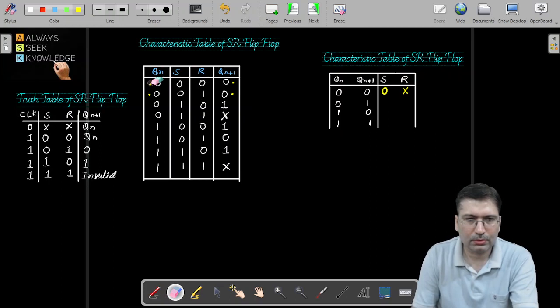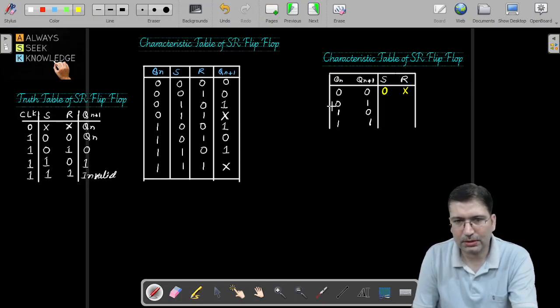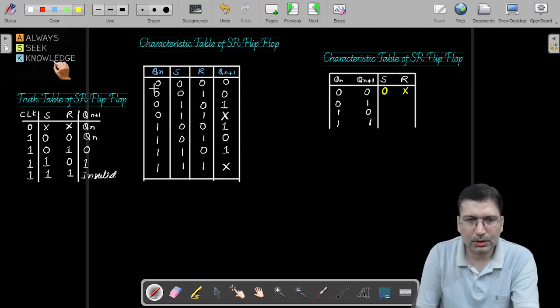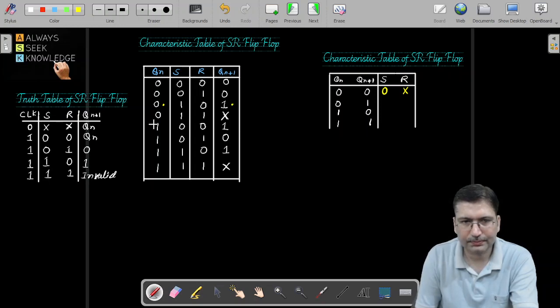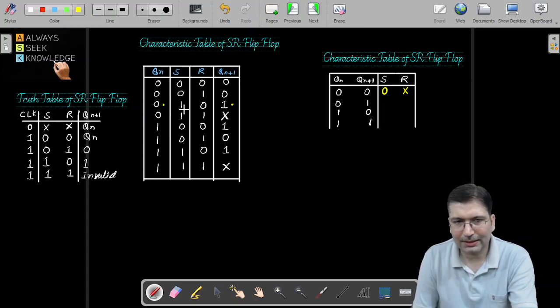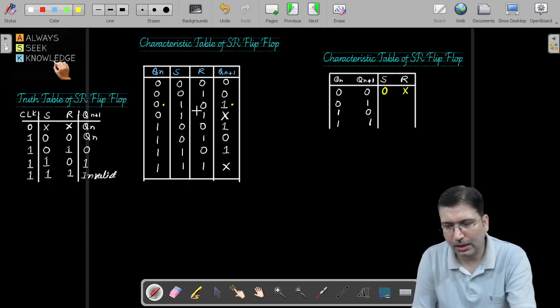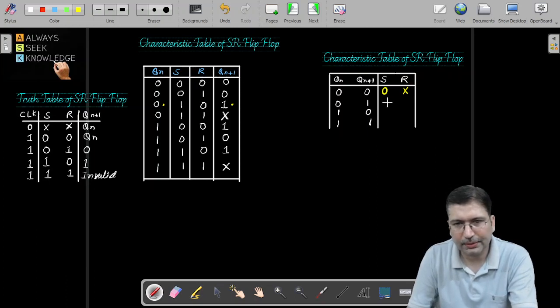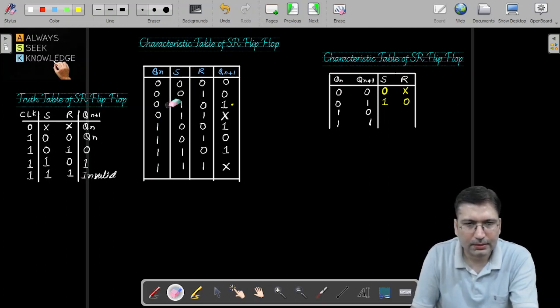Then the next scenario, let's try to understand. Next is when Qn is 0 and Qn plus 1 is 1. There is one scenario like this, and that's all. So in that case, S is 1 and R is 0. Now let's clear this.